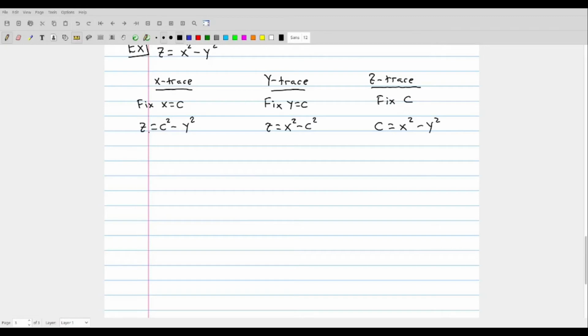So just like before, for each one of these cases, we can make a table, and that table is going to tell us everything we need to know regarding what this curve is for this trace. Say c, well here we'll do c equals -1, 0, and 1.